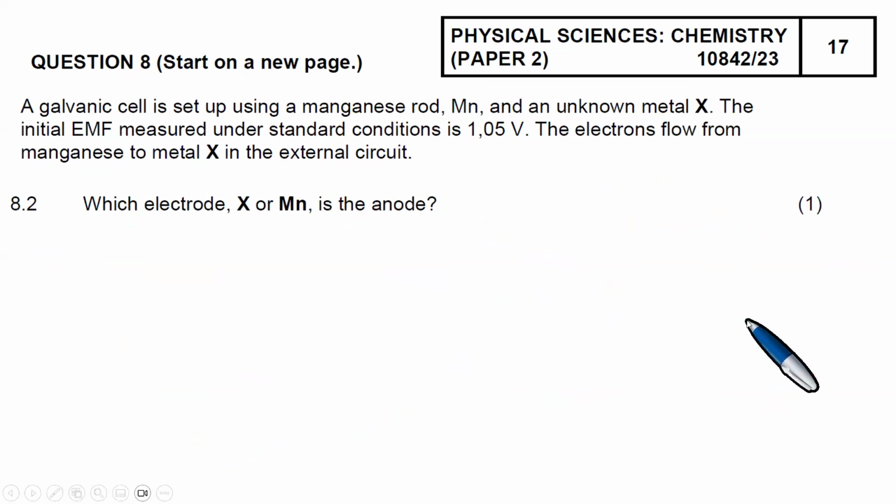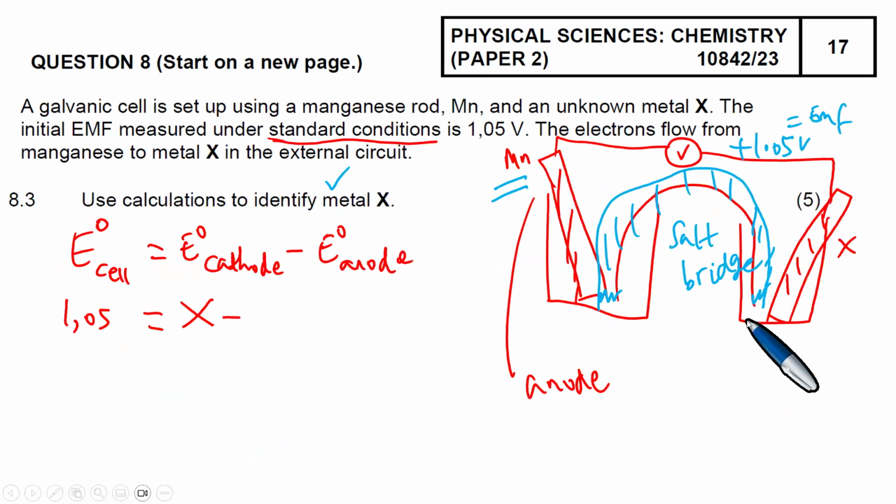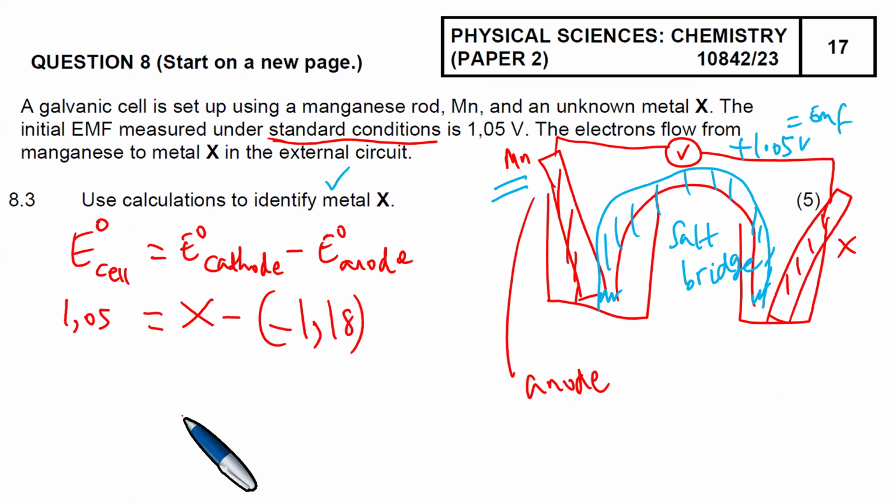Now let us move to this one here. So we said manganese is the anode, and we read from the table its reduction potential is minus 1,18. Let us solve for X. 1,05 is X plus 1,18.